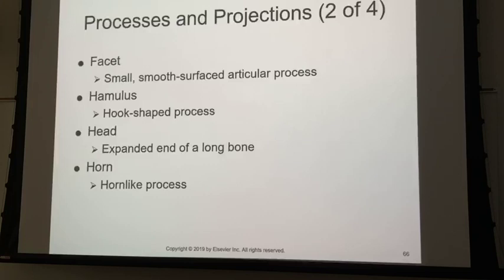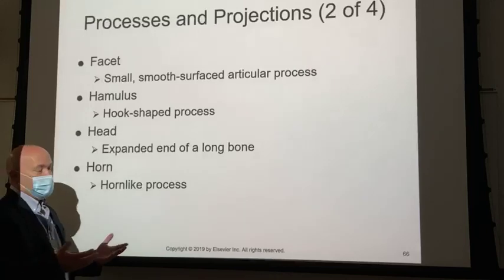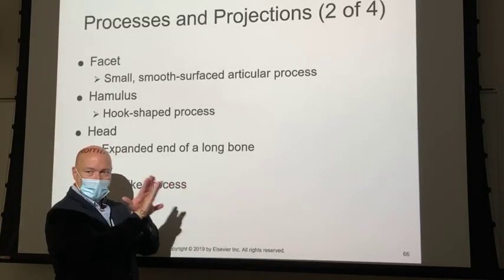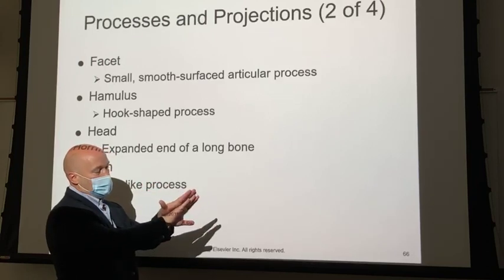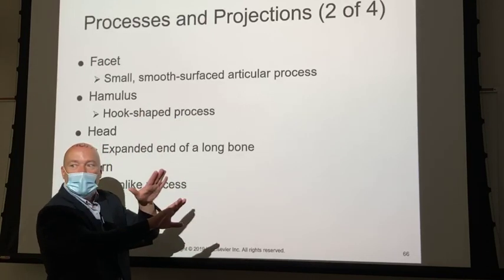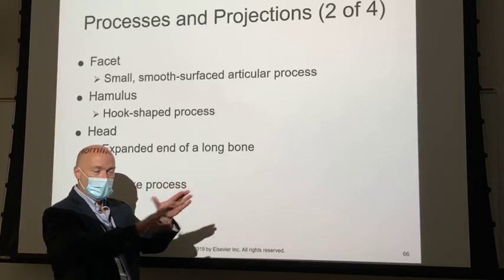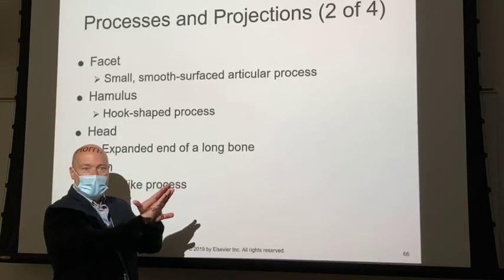So a facet is a joint space. It's kind of like a gliding-type joint space, a small, smooth-surfaced articular process, and where we see those in a lot of cases is in the spine. The vertebrae articulate with each other, not just at the disc, but on the posterior side, and we'll get to that later in the semester, on these two flat, smooth articular surfaces, one on either side of the vertebra, and we call those facets.